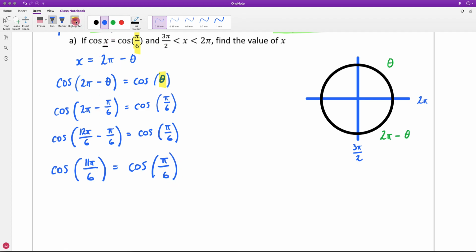So that means, if I was to come here, this right here is going to be my x value. Cos of 11 pi on 6 is going to equal cos of pi on 6. So I could say, therefore, x is going to be equal to, that's an ugly x, let me try again. X, that's a beautiful x, is 11 pi on 6. That is your answer. Actually, let me do it in yellow.